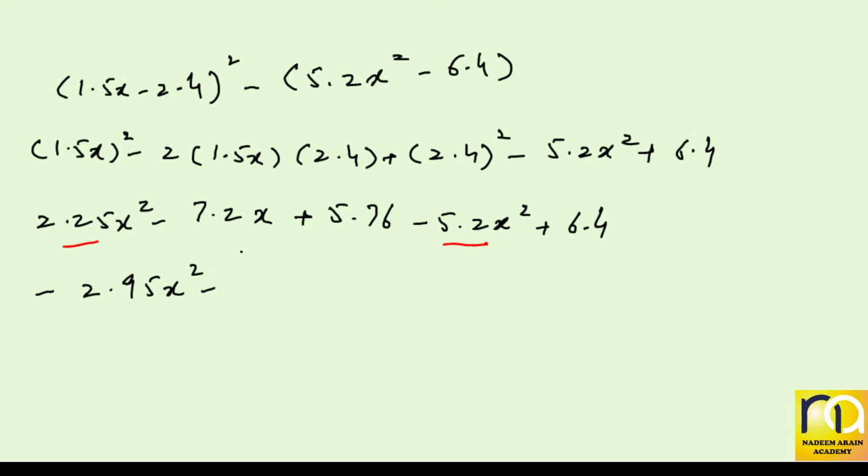And this is negative 7.2x, and these two, 5.76 plus 6.4, that's 12.16.